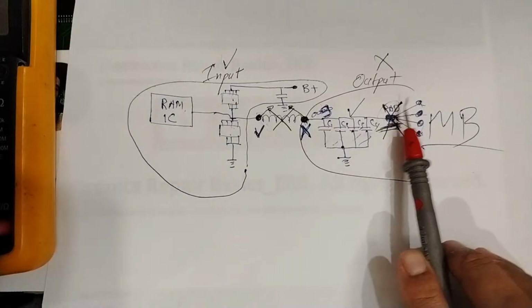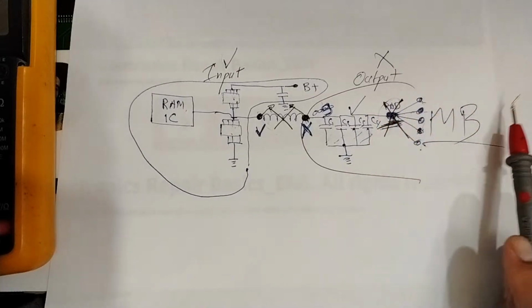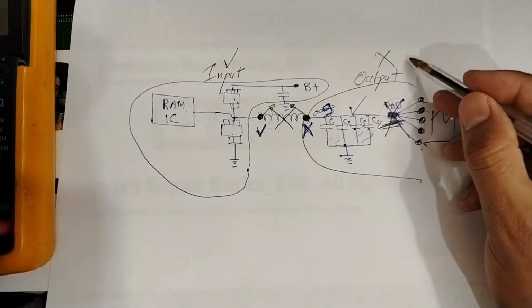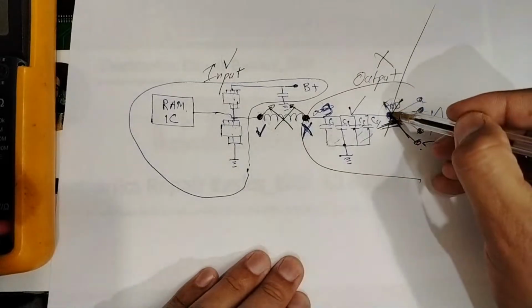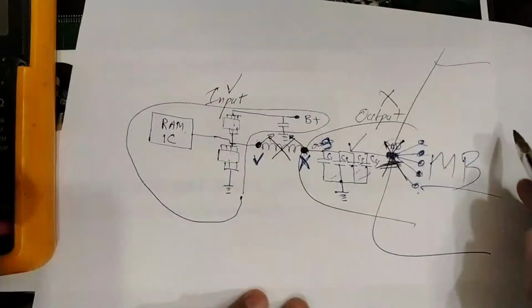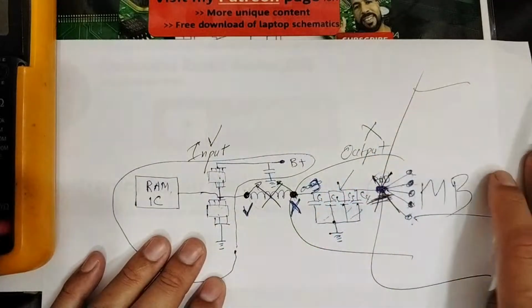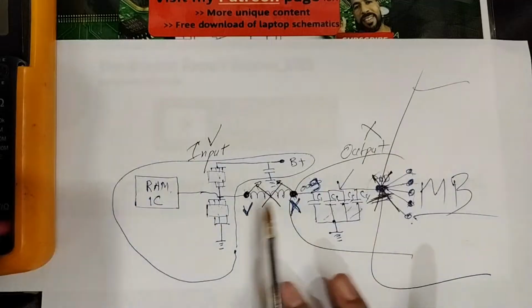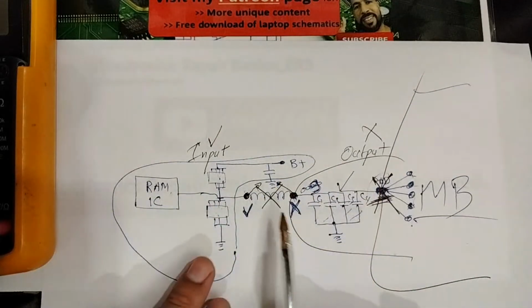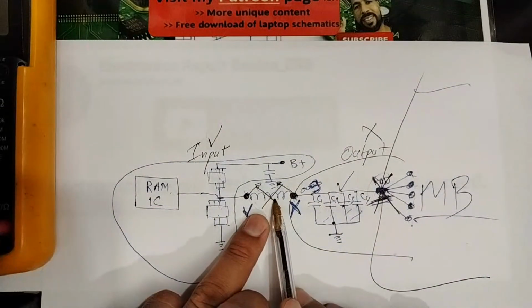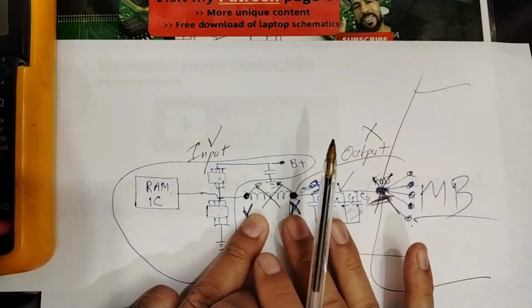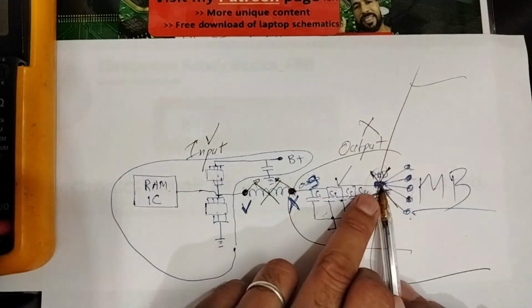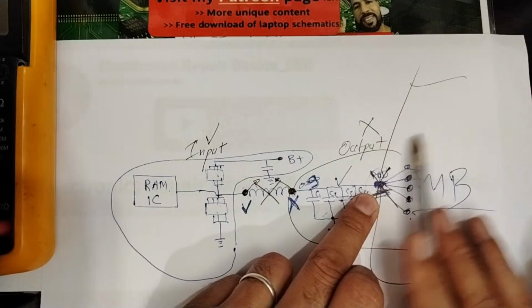From the pad to this side, this is outside the circuit. We find the short inside the circuit, so we always begin with the short here. But in this case, no. The short is on the outside.